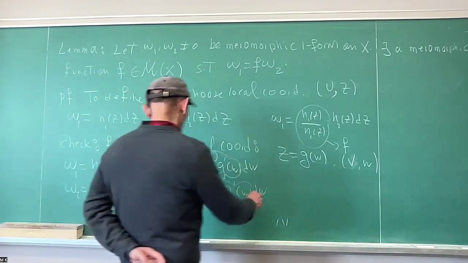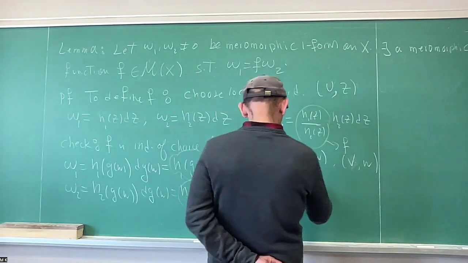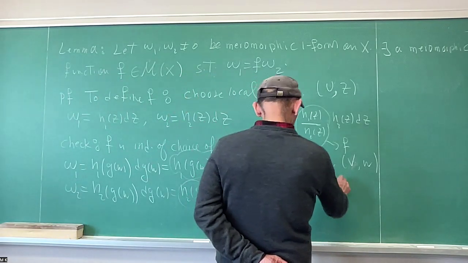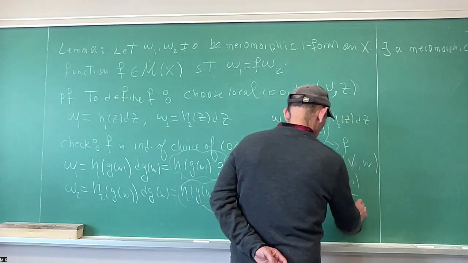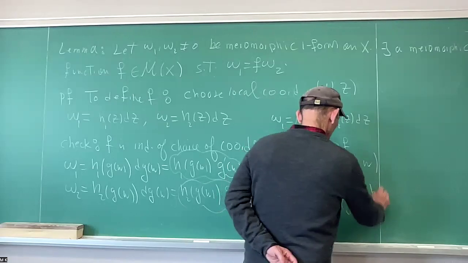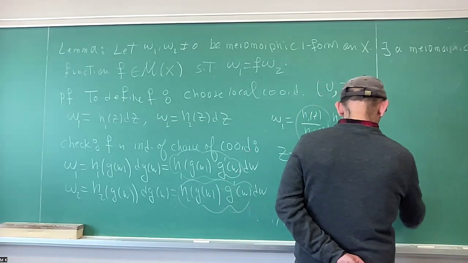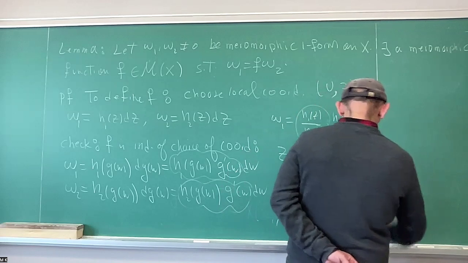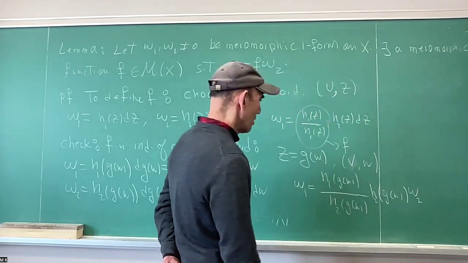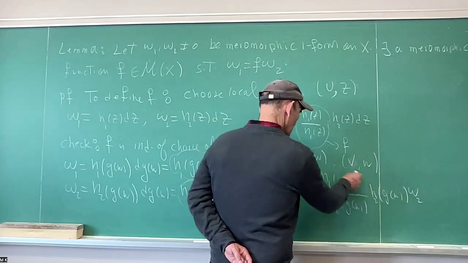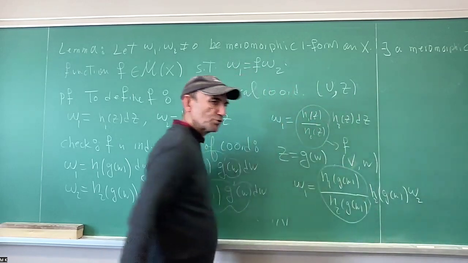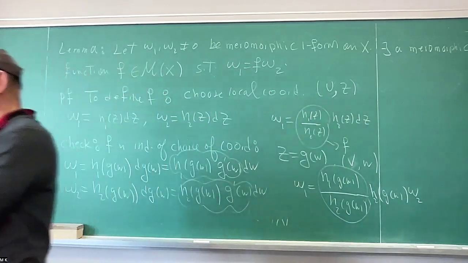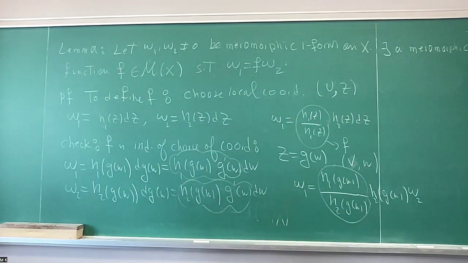And so you get omega 1 actually equal to h1 of g of w over h2 of g of w times h2 of g of w, and then omega 2. Okay, this function is independent of choice of coordinates because it's exactly the expression of the function where you change coordinates from one coordinate to another. So this is okay.